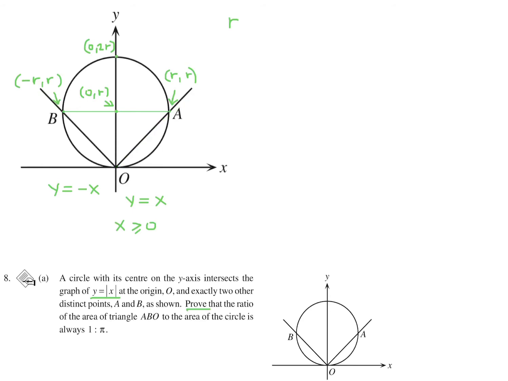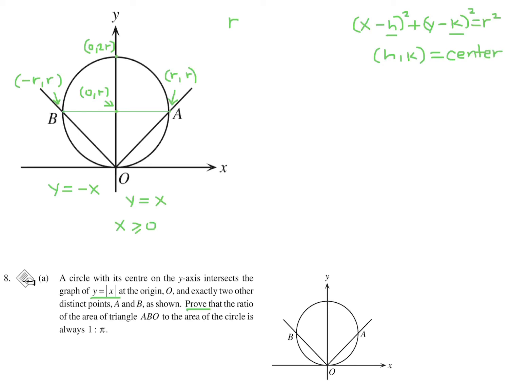Now, this graph, the graph of the circle, can we make an equation? And of course you can. The graph of any circle is always (x minus h) squared plus (y minus k) squared is equal to the radius squared. Now, what is h and k? Well, that represents the center of the circle.